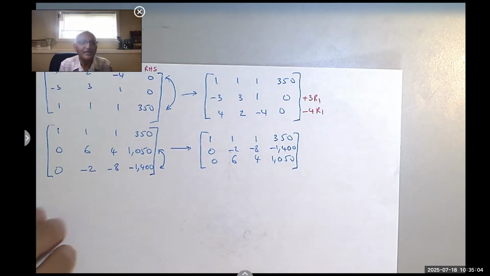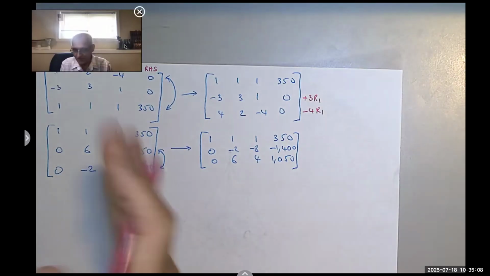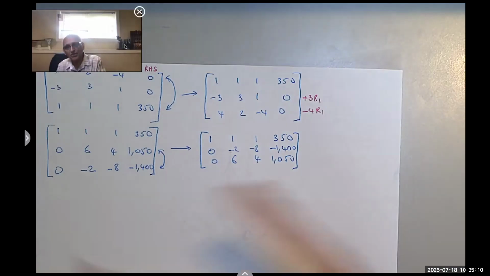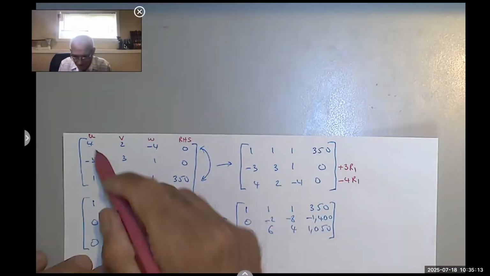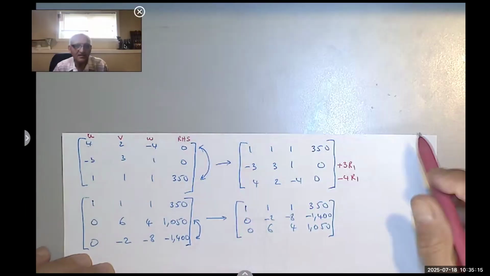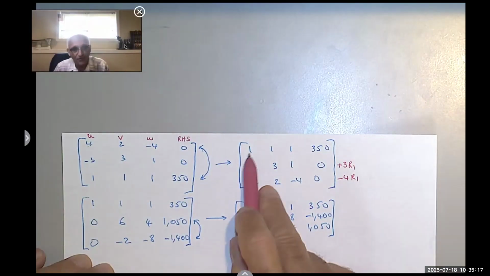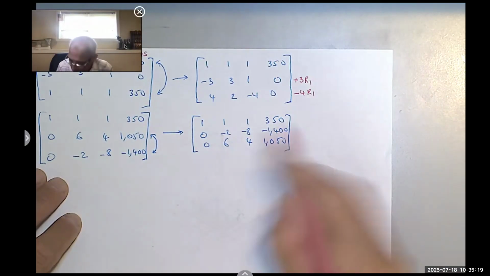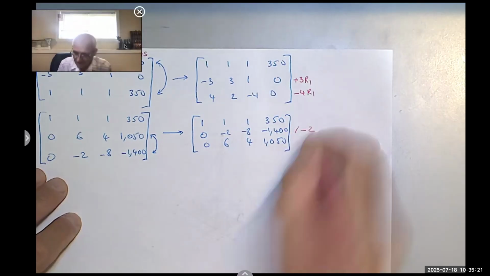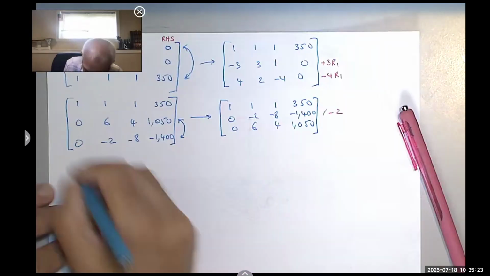That's elementary row operation number 1. We only use it at most 3 times, when we start a new column. But since we changed the 4 into 1, we didn't need it in the first column because we ended up with a 1. Here I don't have a 1, so I'm going to divide this by negative 2.